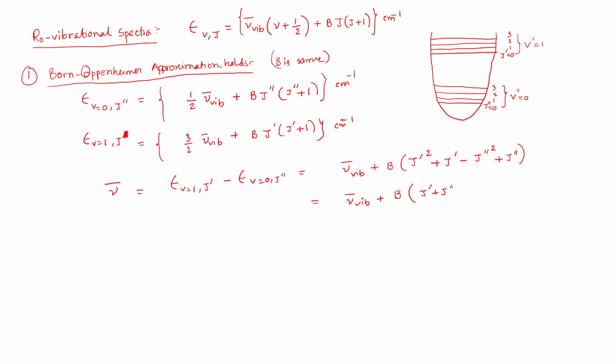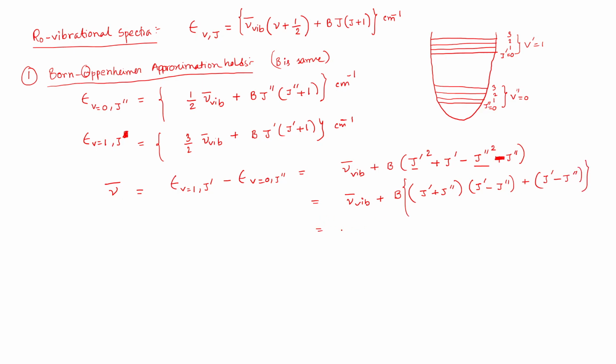Plus J minus, for this minus this part we can write it like that, right? 1 plus J prime plus J double prime, and what is left, J prime... this is also minus, I am making a mistake, this is also J prime minus J double prime.